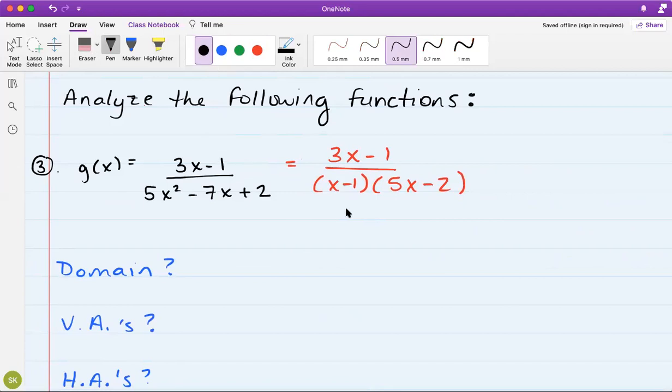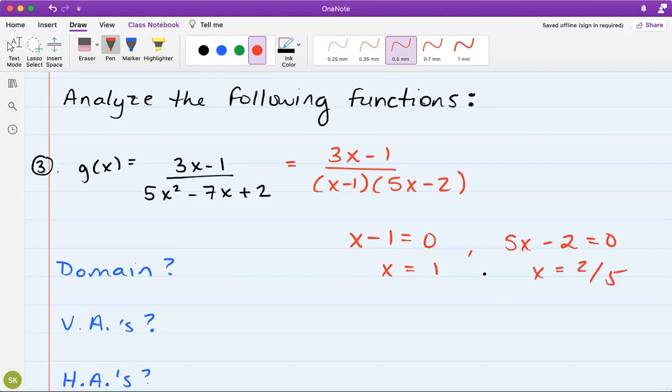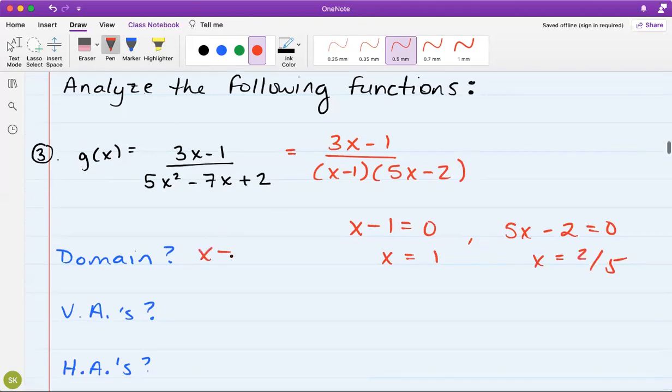Remember, it's things that we cannot plug into the denominator. So notice that if I plug in a 1 here, I'll get 0. And if I plug in 2/5 here, I'll get 0. Again, what we do is we just take each piece, set it equal to 0, solve for x. And these are the two numbers we cannot equal, so x cannot be 1 or 2/5.